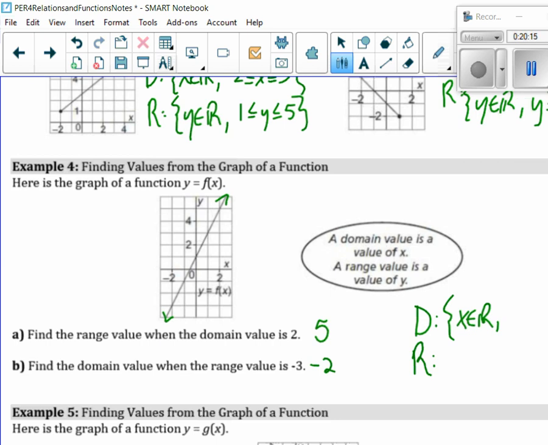Brooke? It is every number. Yeah, anything, right? It's going on forever to the left, and it's going on forever to the right. So, guess what your domain is? X is an element of reals. Done. So when it's everything, all you write is X is an element of reals.